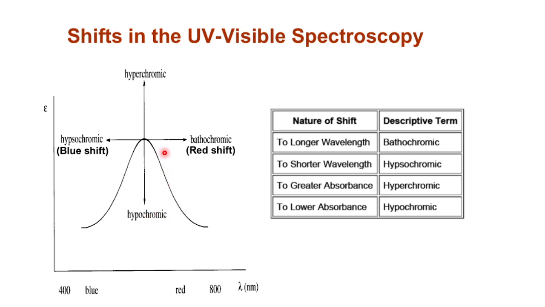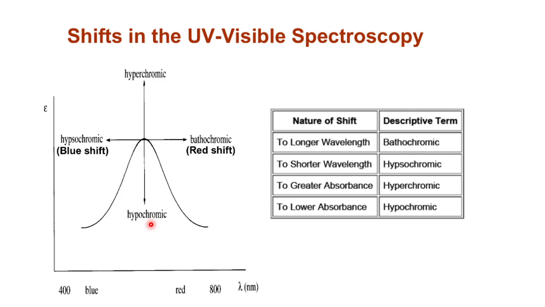The other two terms, hyperchromic and hypochromic, are based on intensity. If the intensity is higher, that is hyperchromic, and if the intensity is reduced, that is hypochromic. So four different terms are usually used in UV.